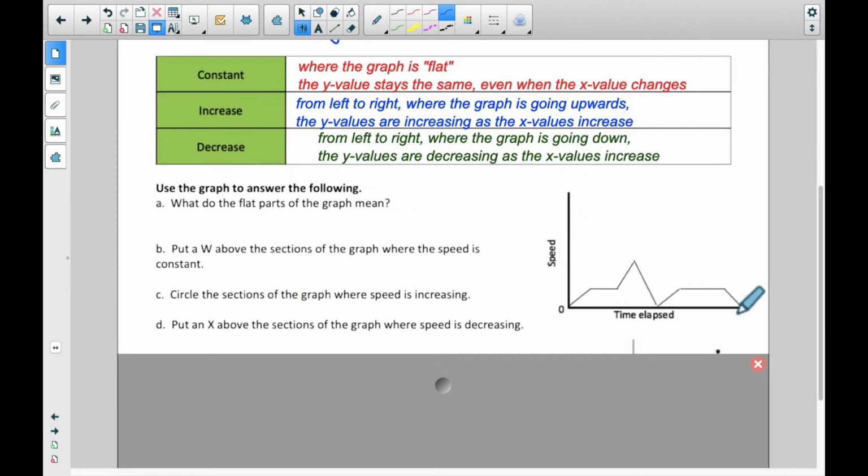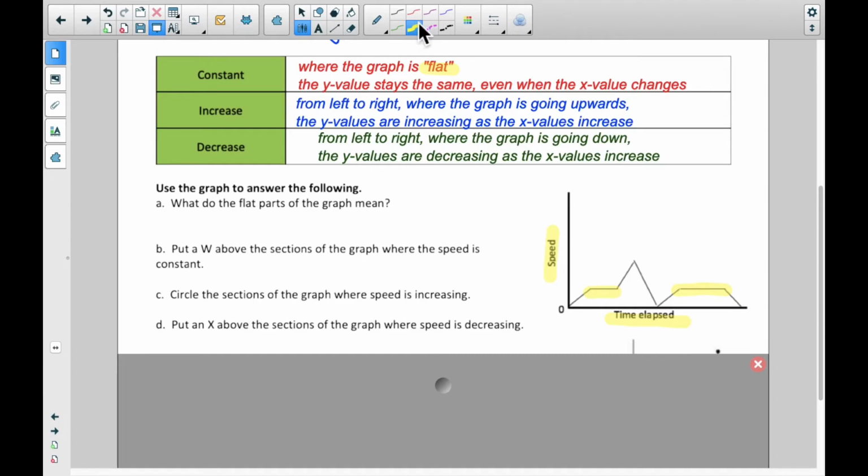So if we look at this, first of all, every time we look at a graph, we have to look at some specific things. Our x-axis is time, our y-axis is speed. And the first part, what are the flat parts of the graph? We have a flat part here, and we have a flat part here. Up here we said that was a constant part.